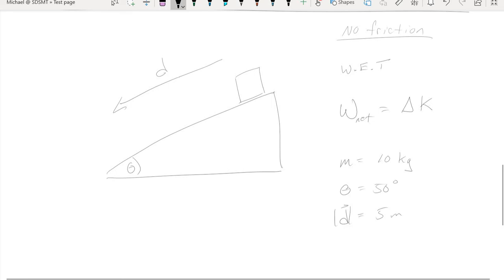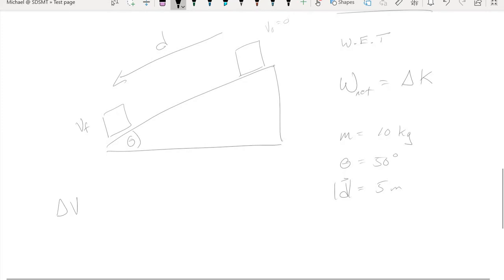I want to know the amount of work that is done on this mass, so specifically the net work that is done. And then what is the change in the kinetic energy of the block, and how fast is the block going to be moving when it gets to the bottom of the incline if it started from rest at the top.